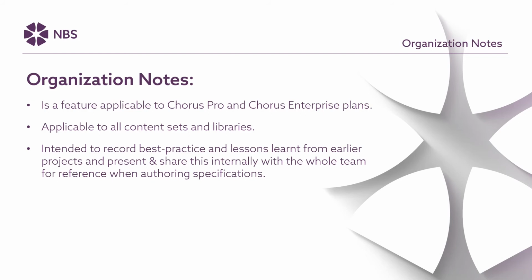Or perhaps as an organisation you have a preference for the type of products to be specified, or a preference for a specific manufacturer or specific product, or perhaps an approved list of manufacturers that you want your specifiers to use. Another example could be that you wish to note factors which need to be carefully considered by the specifier when drafting the clause.